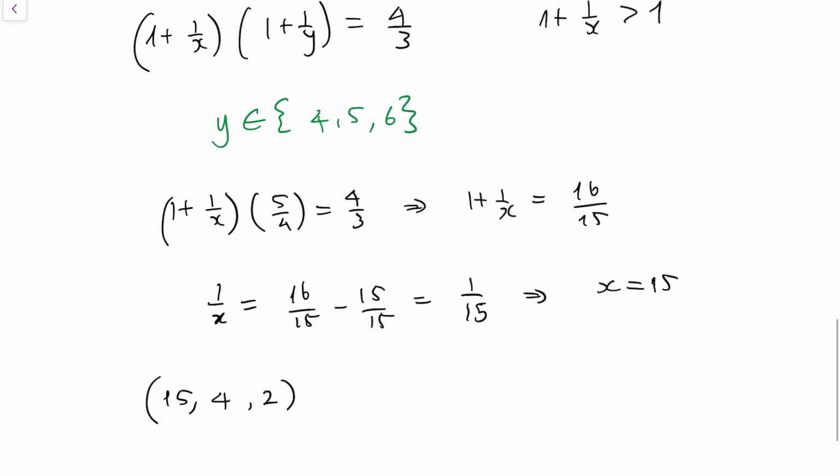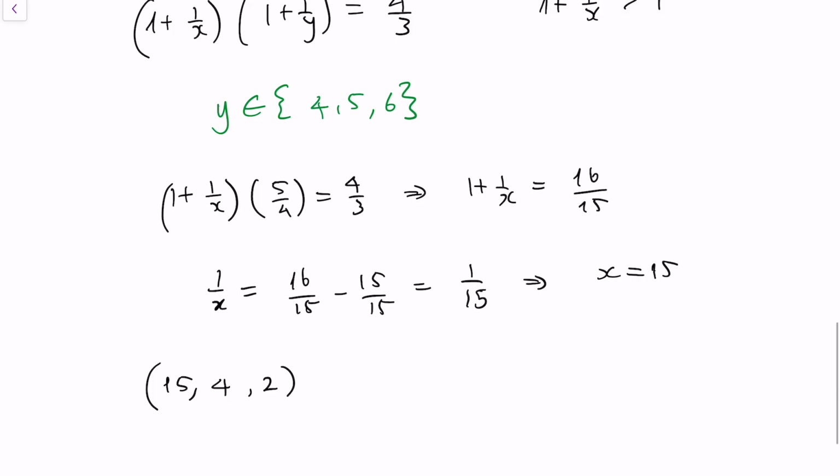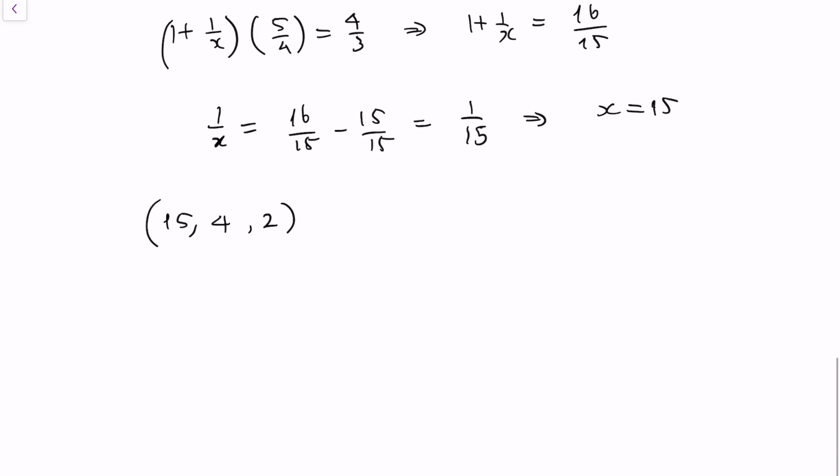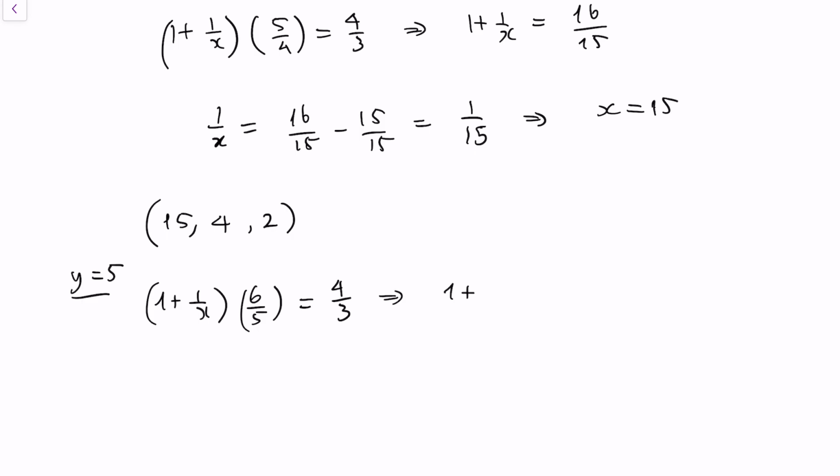Okay, so the next possible value of y is 5. So we have 1 plus 1 over x times 6 over 5 is equal to 4 over 3. Yeah, this is y is equal to 5 here. So that implies 1 plus 1 over x is equal to 20 over 18.